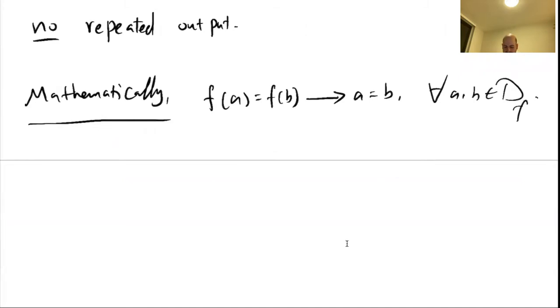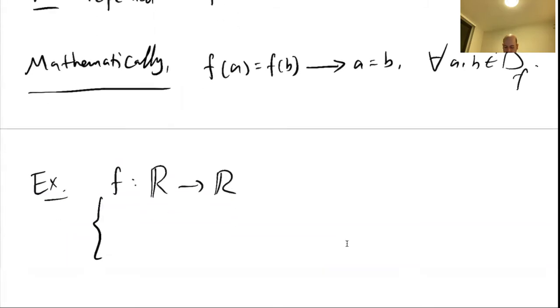So for example, let's say f from R to R, and f of x equals x squared. This is not one-to-one.